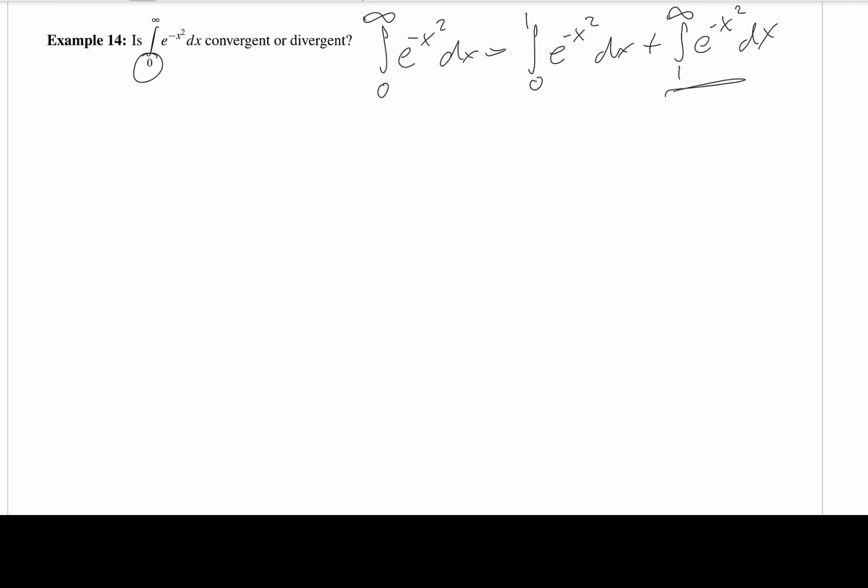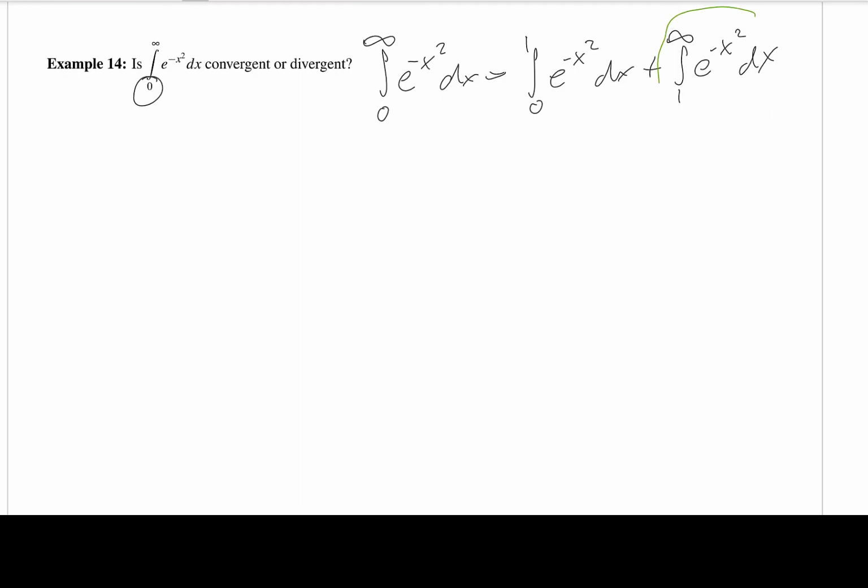What I don't know about is this part right here, because 1 to infinity is an unbounded interval, so this could possibly give us an infinite amount of area. So this is the part that we're interested in using the comparison theorem on. And we can use it now because now we have an a value of 1, which is bigger than 0.